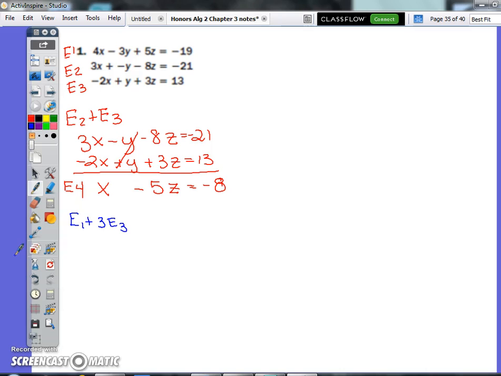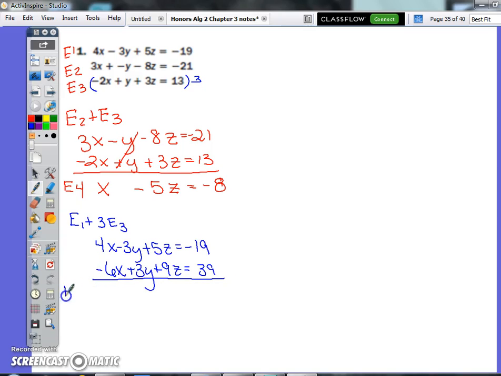So equation 1 is 4x minus 3y plus 5z equals a negative 19. Then we multiply equation 3 by 3 the whole way through. So this will give me a negative 6x, a positive 3y, plus 9z equals 39.